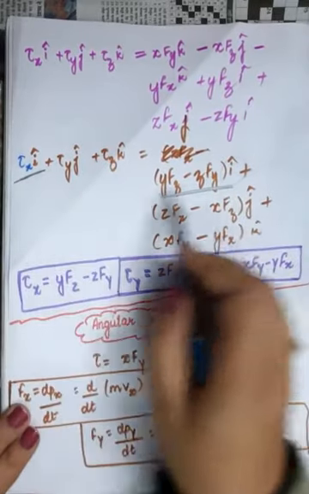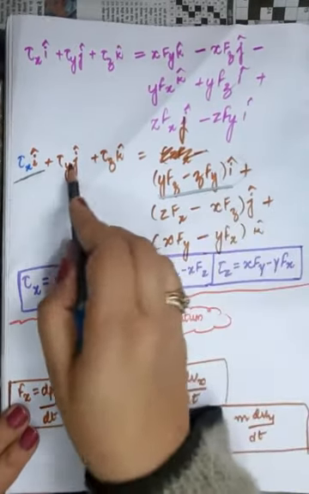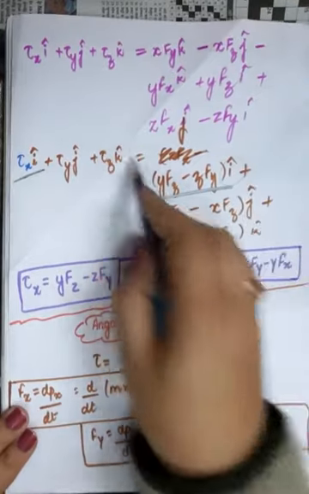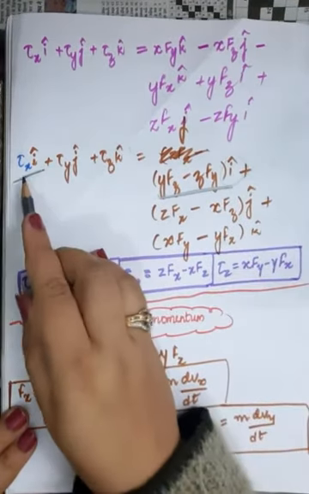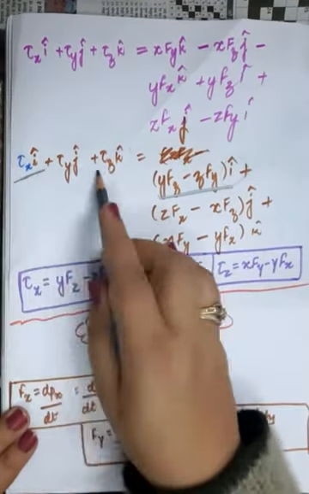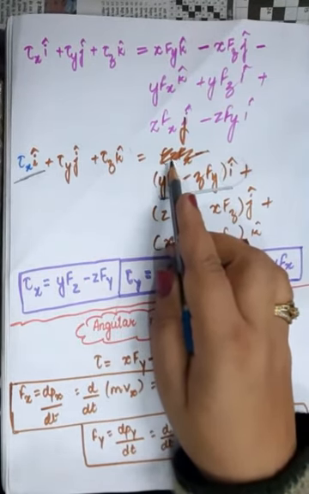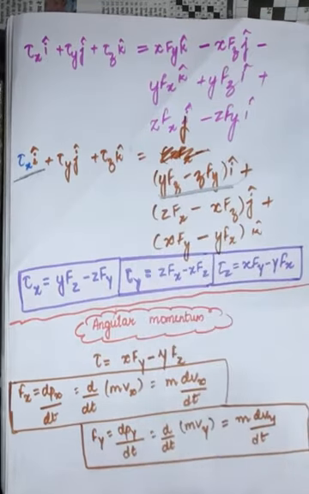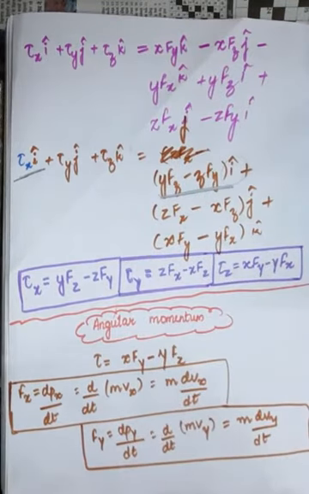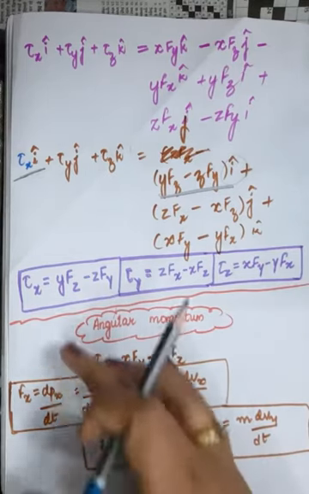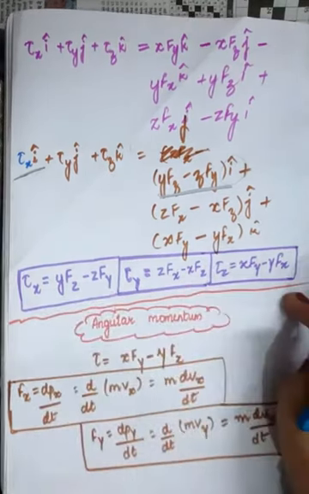Comparing the coefficients of i cap on both the sides, j cap on both the sides and k cap on both the sides, we get the value of tau x, tau y and tau z, which are the rectangular components of torque, right? That's what we talked about, that in this derivation we aimed at finding the rectangular components of torque, and the rectangular components are tau x, tau y and tau z.